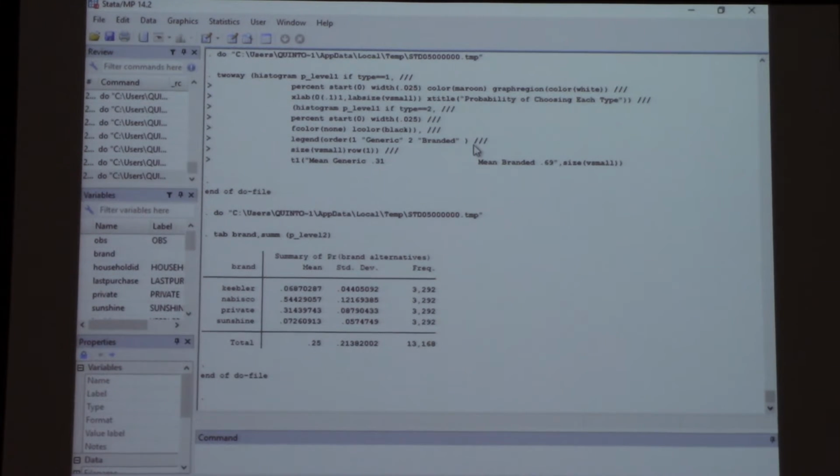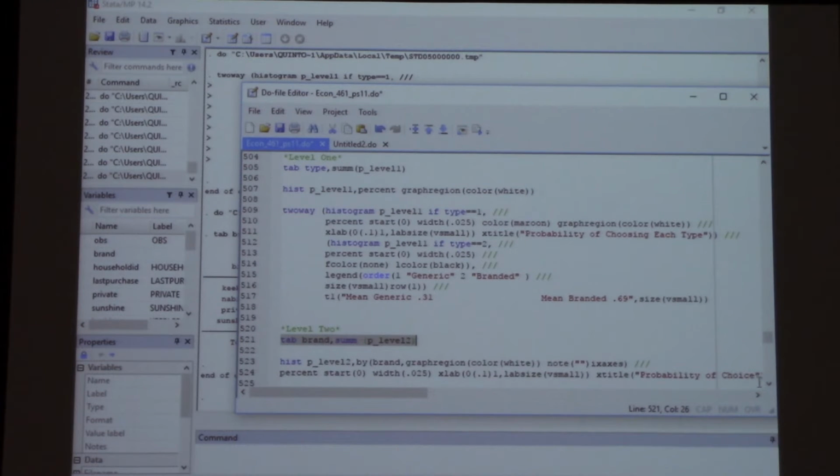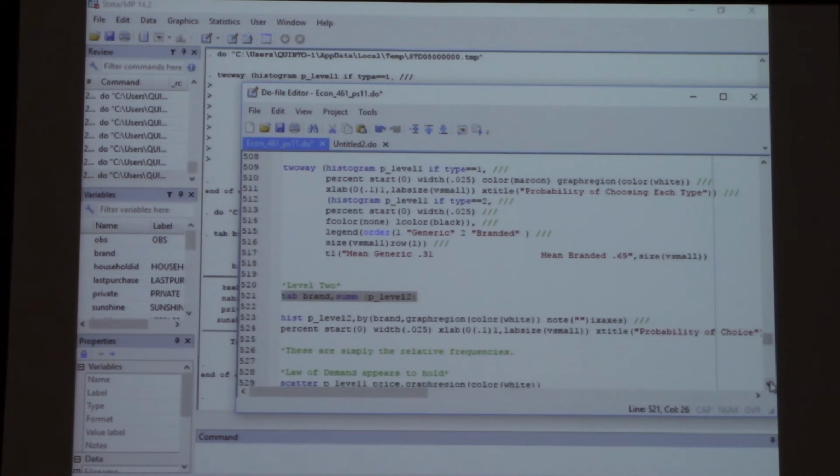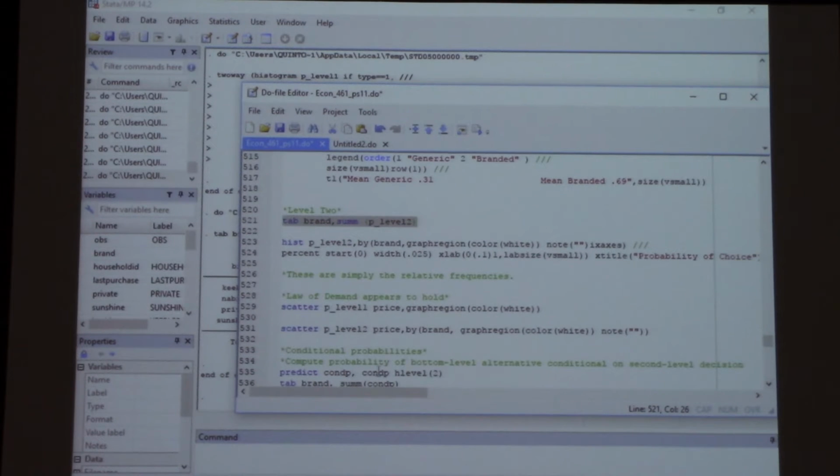We want to say, all right, given that you've chosen to buy a branded cracker, what's the probability now that you choose among the 3 brands? And those are our conditional probabilities. These are here.